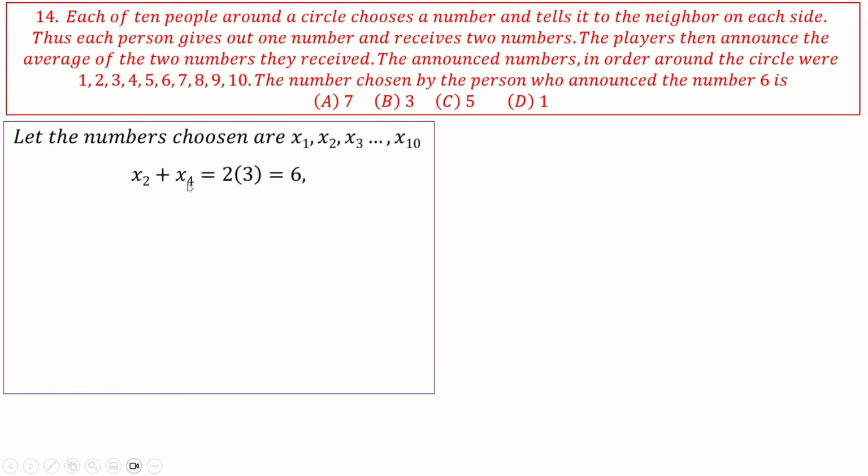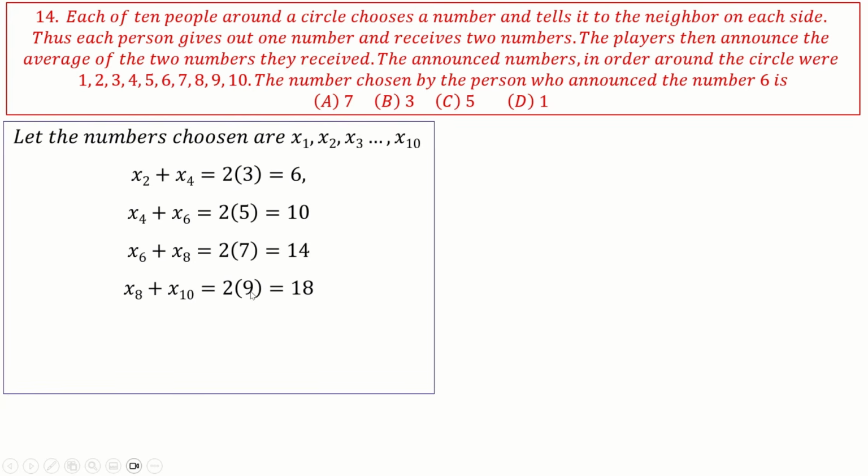So (x2 plus x4) divided by 2 is x3, correct? x3 is nothing but 3. So x2 plus x4 is 2 times 3, which is 6. Similarly, x4 plus x6 is 2 times 5, which is 10. x6 plus x8 is 2 times 7, the number between, right? The 7th person gave this. So 14, and x8 plus x10 is 18. Now x10 plus x2 also comes back. It's a circle. So that is 2.